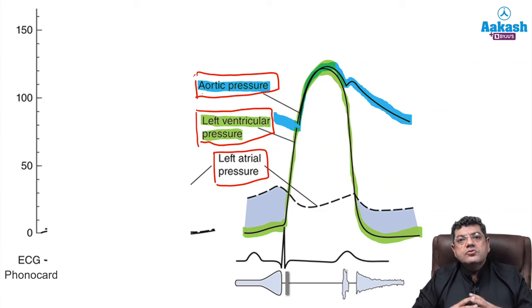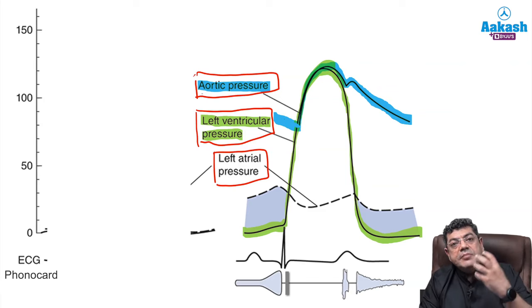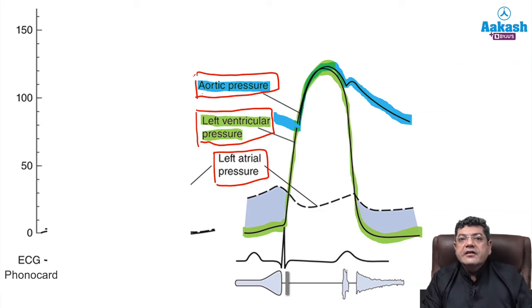It has to enlarge, its pressure has to become higher for it to drive the pulmonary venous return into the left ventricle and therefore maintain cardiac output, right?